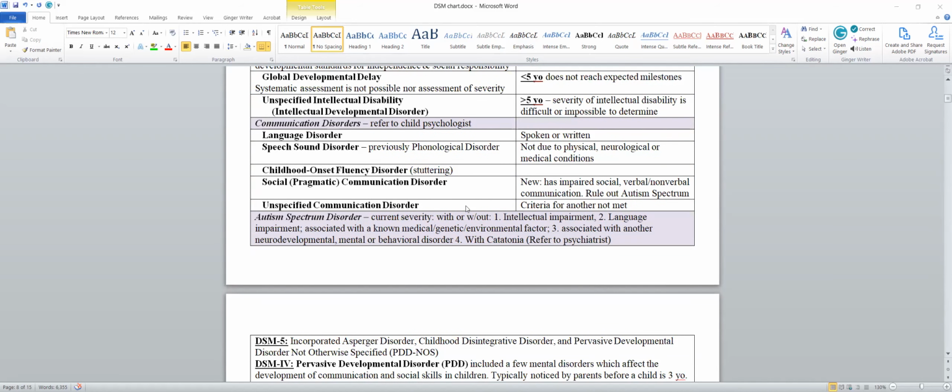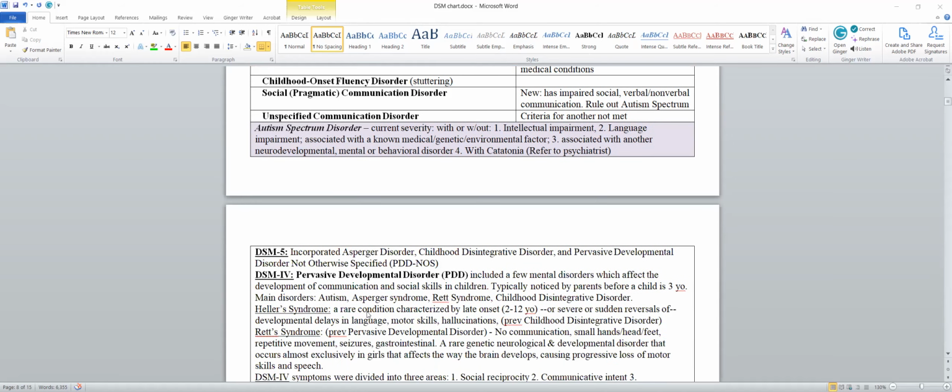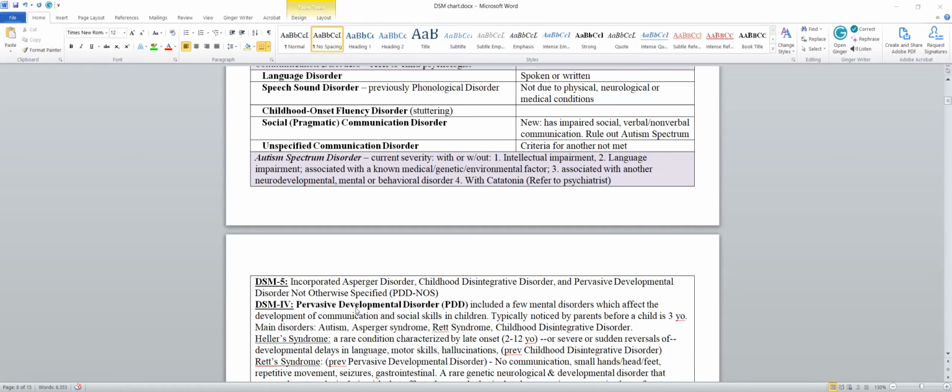Moving on to the next subcategory under neurodevelopmental disorders is autism spectrum disorder. The DSM-5 incorporated Asperger disorder, childhood disintegrative disorder, and pervasive developmental disorder not otherwise specified.